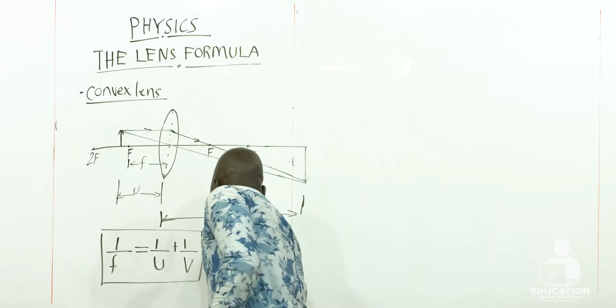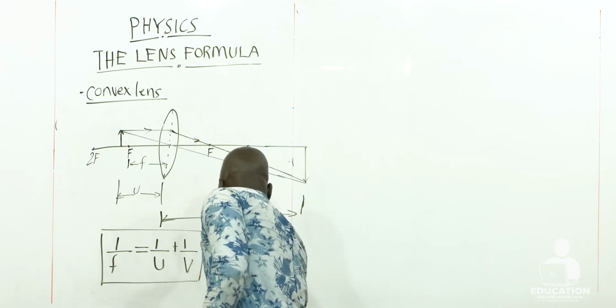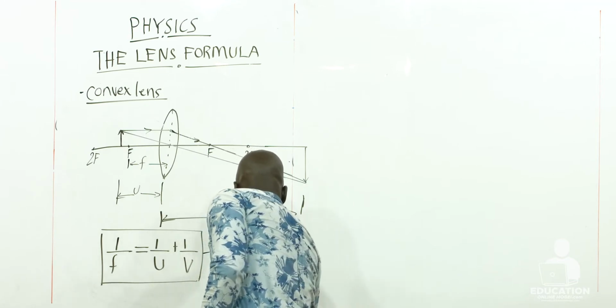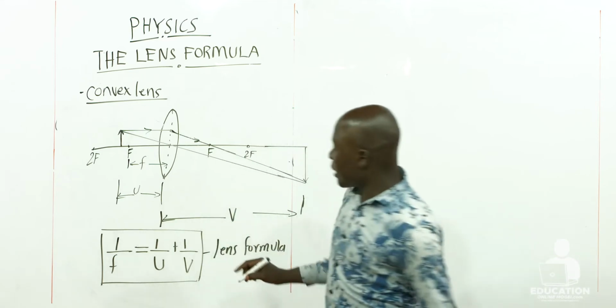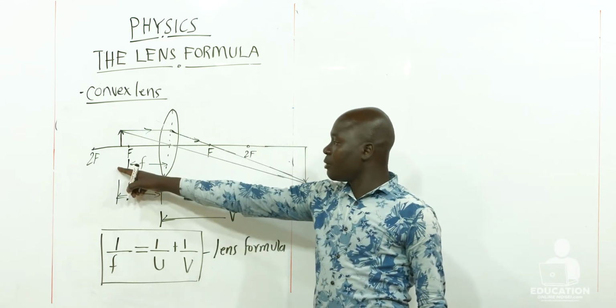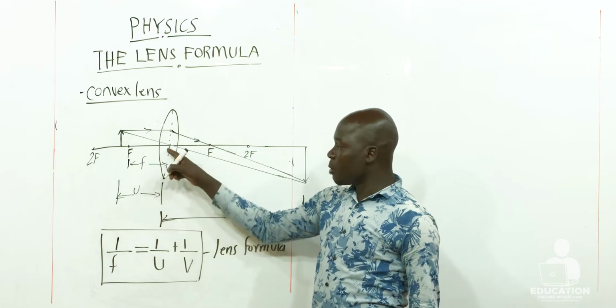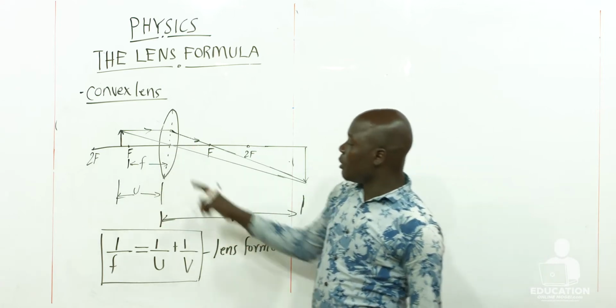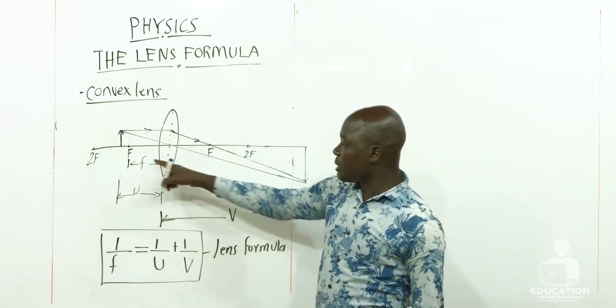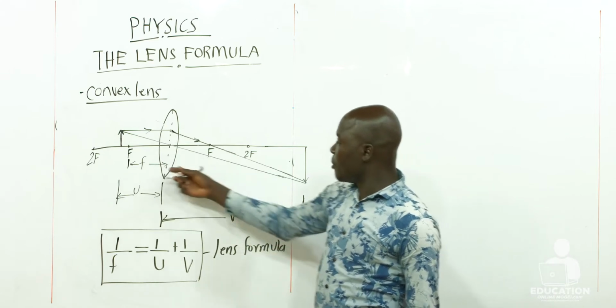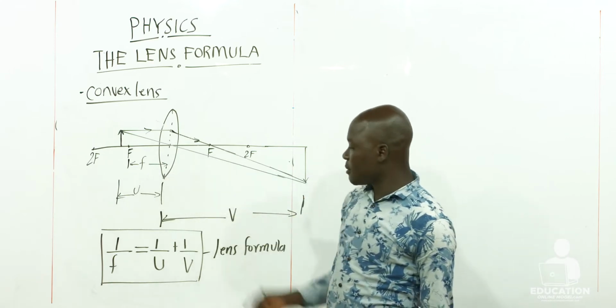So this is the lens formula. That is for an object placed at a certain point with a distance u from the optical center, in which the focal length is at a distance f and an image being formed at a distance v.